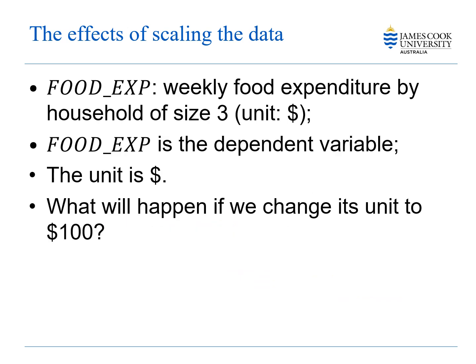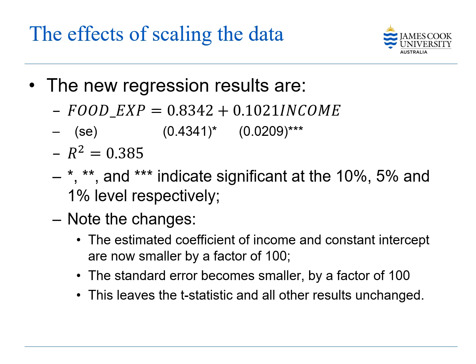Okay, FOOD_EXP is the dependent variable. We know the unit is dollars. Now let's scale the unit, change the unit to $100 rather than dollars. What will happen? Let's do this and rescale it.